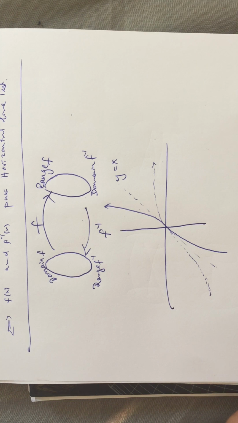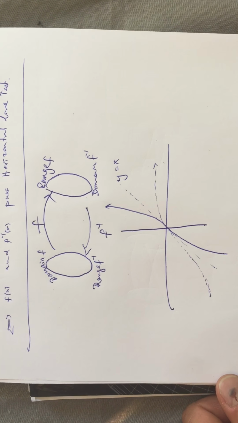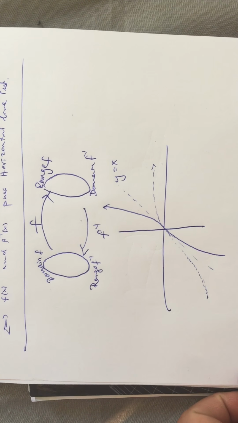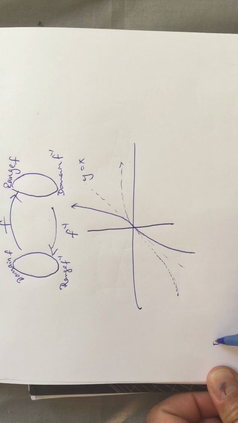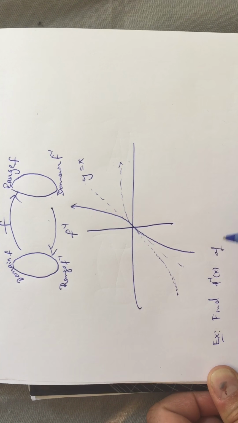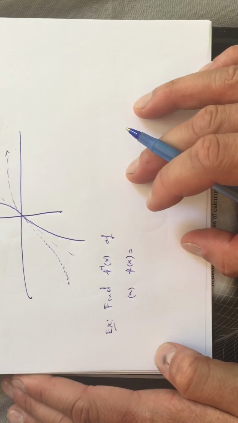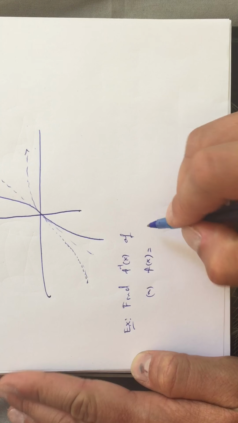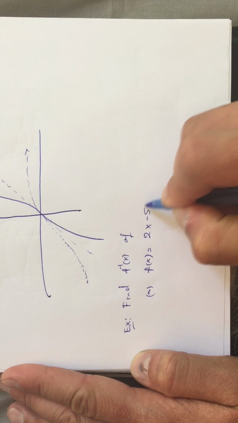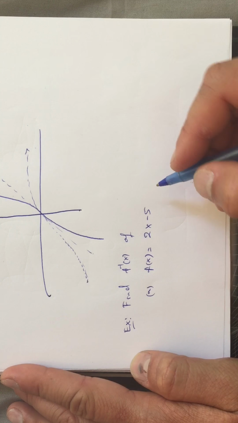But how do I find f inverse if I give you a function? For example, find f inverse of the following: a, f of x equals 2x minus 5. So how do I find f inverse?